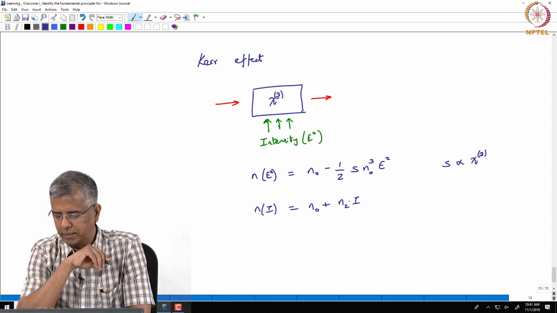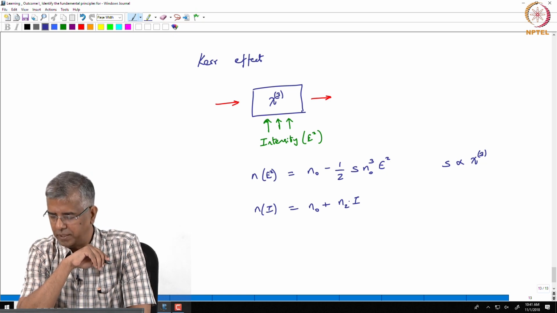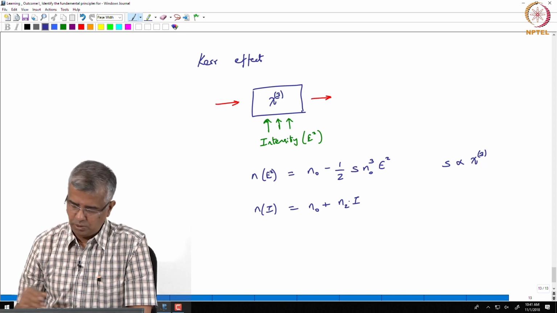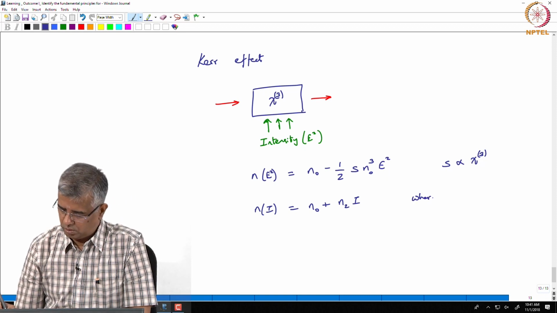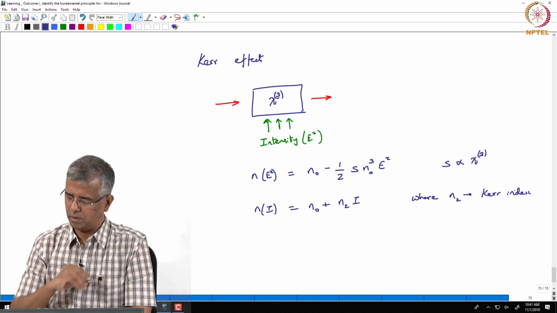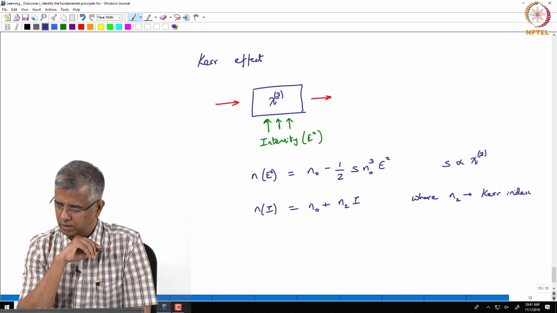So, through that external intensity you are changing the refractive index of the medium, where n2 is called the Kerr index, because it's the index that represents the Kerr effect, right.